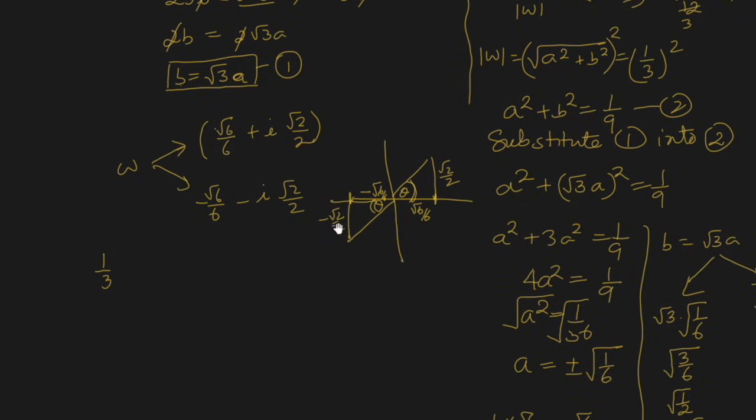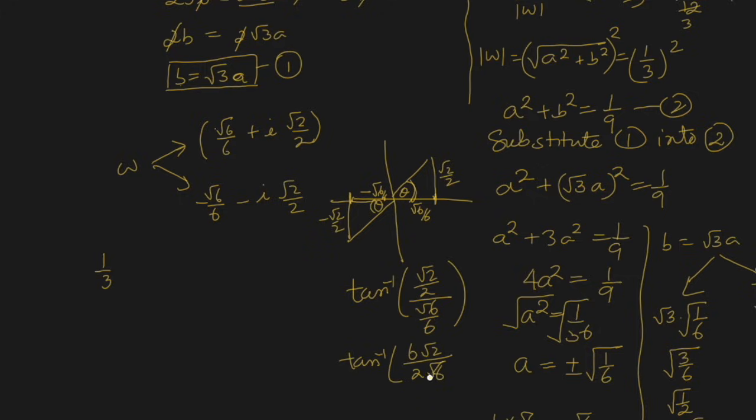So first this one, this will be tan inverse of opposite, square root 2 over 2, divided by square root 6 over 6. So if I multiply this, it becomes tan inverse of 6 square root 2 over 2 square root 6.